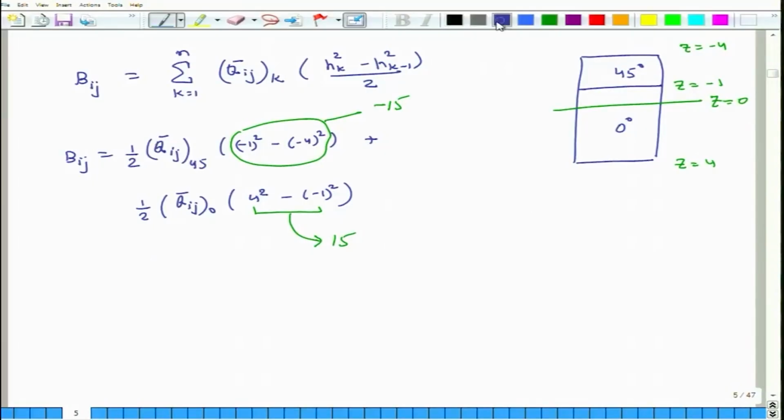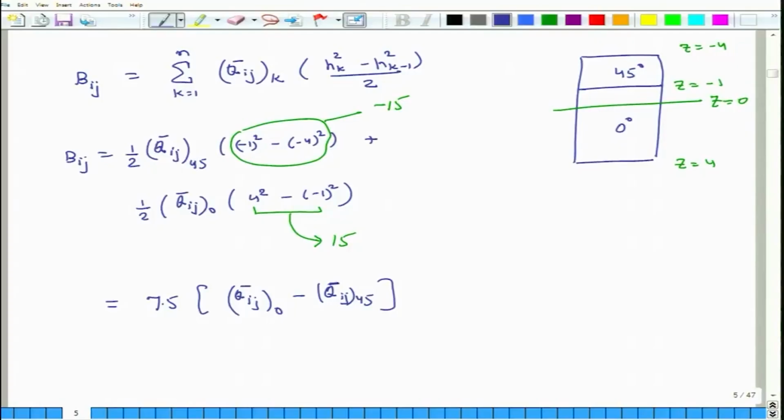So, this works out to be 7.5 times Qij 0 minus Qij 45, and of course there is a bar.